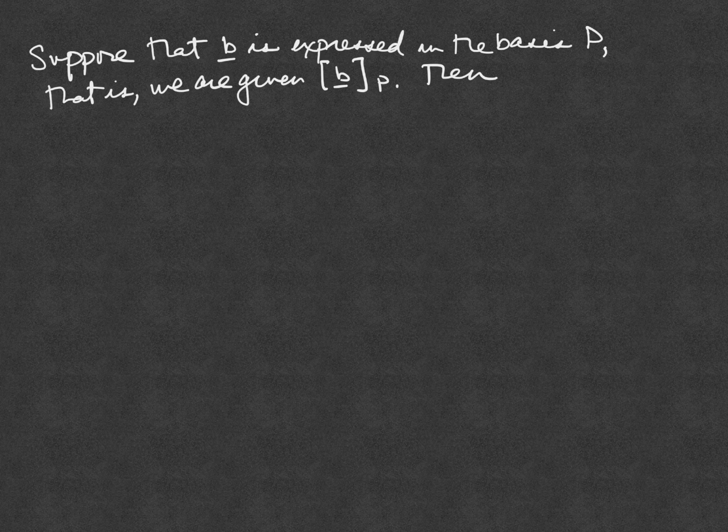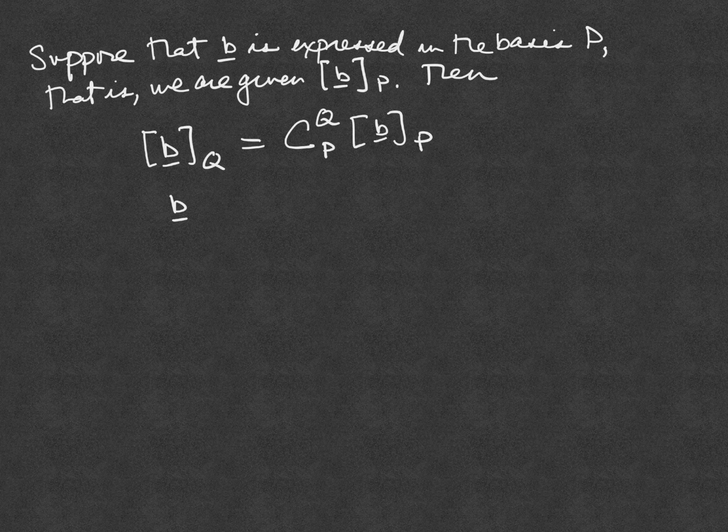Then, if I want b expressed in q, that's equal to the transformation from p to q times b expressed in p. Similarly, if I want b expressed in n, that's equal to the transformation from q to n times b expressed in q.